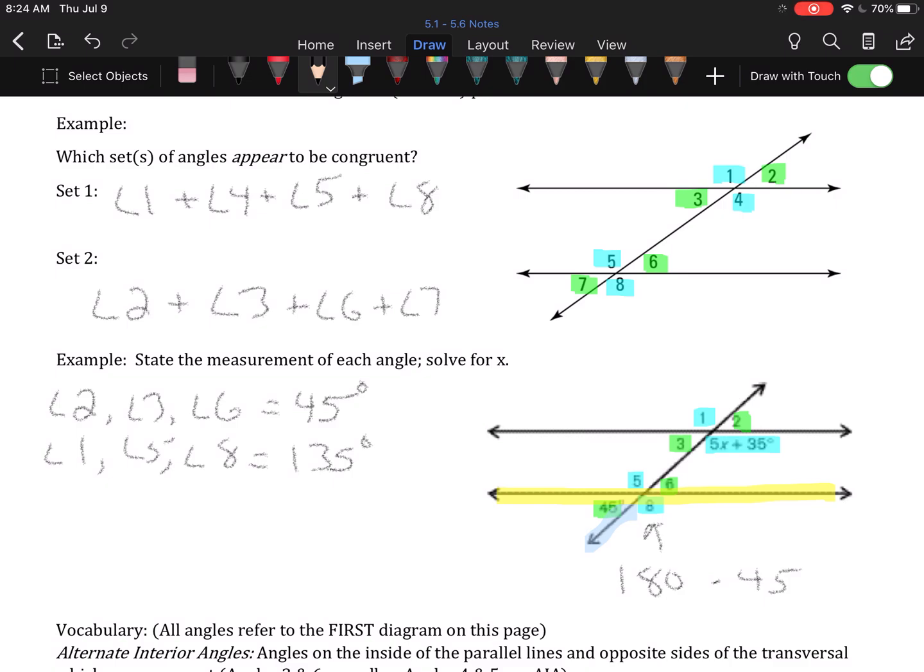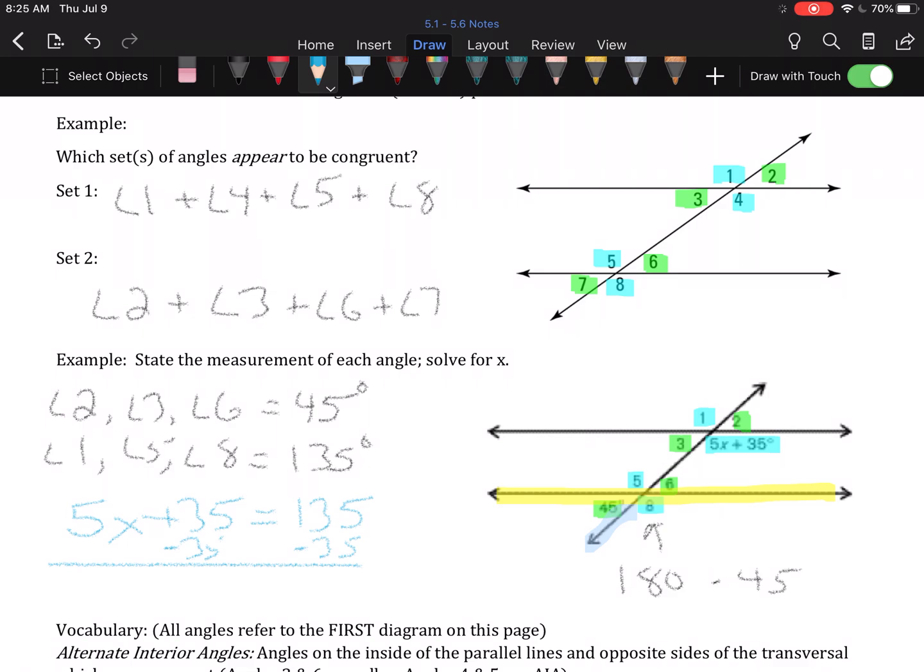We have to solve for x. X is in an expression for a blue angle. The blue angles are 135. So that means I would need to take that expression, 5x plus 35, and set it equal to 135. We have done a couple of two-step equations this year, so this is review, but it's been a while.